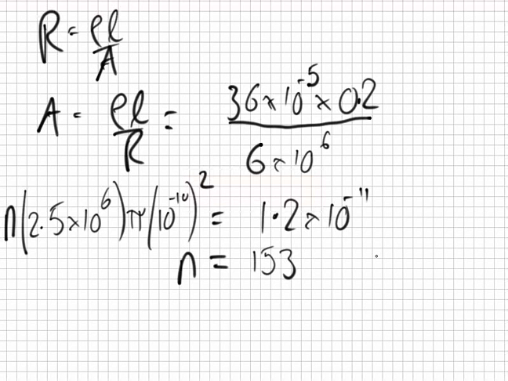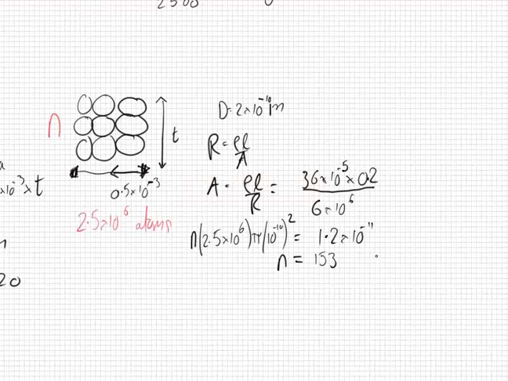Yeah. So we already have the number of atoms. That's just the vertical one. All right, just take that number and then divide it by the diameter, which is 2 times 10 to the minus 10.